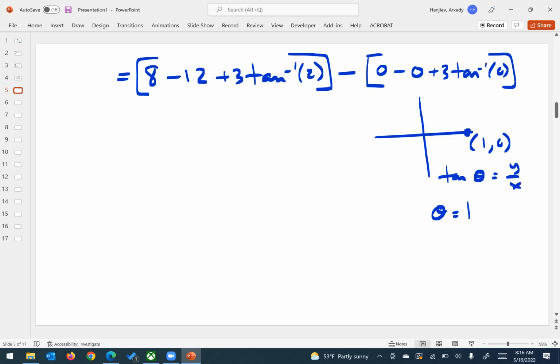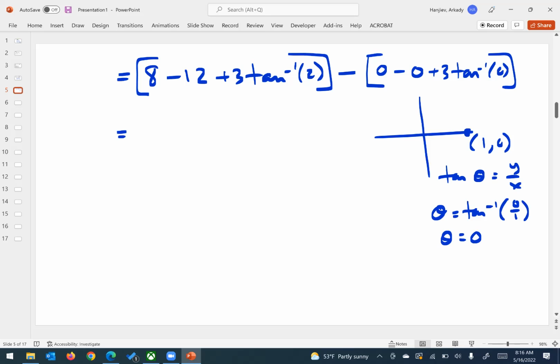Therefore, whatever theta is going to be, it's going to be a 0 over 1, and that actually happens at theta equals 0. 0 degrees, but 0 radians in this point. All right, will your calculator do this? Absolutely. Click in tangent inverse of 0, it'll give you 0. So that becomes 0, 0, 0, 0, 0.